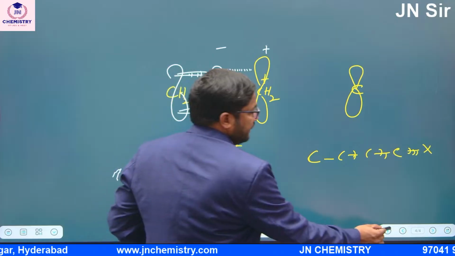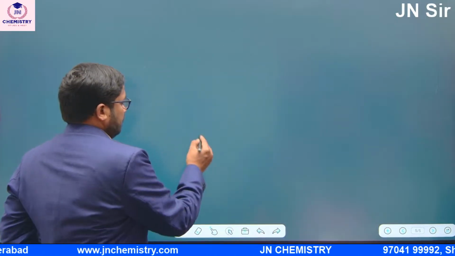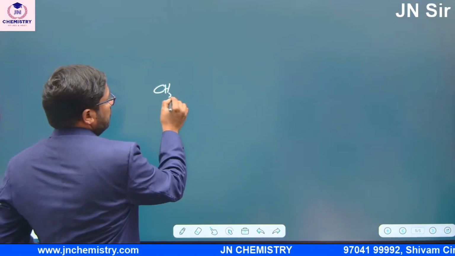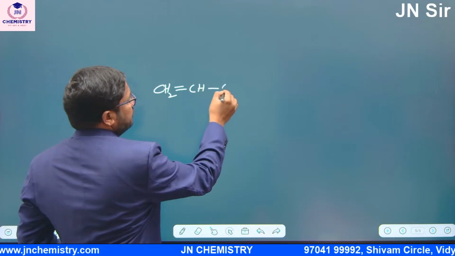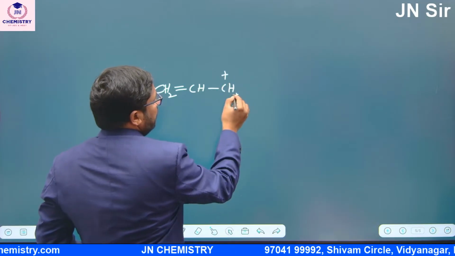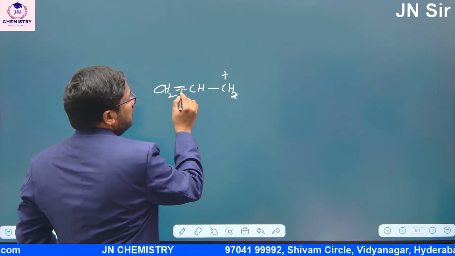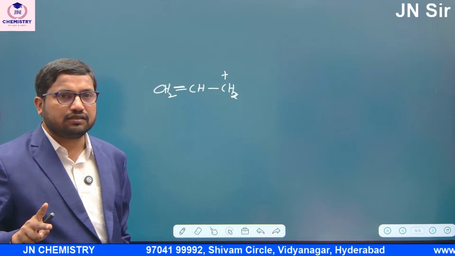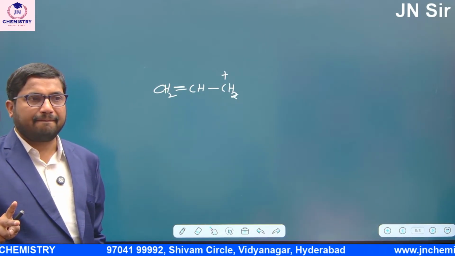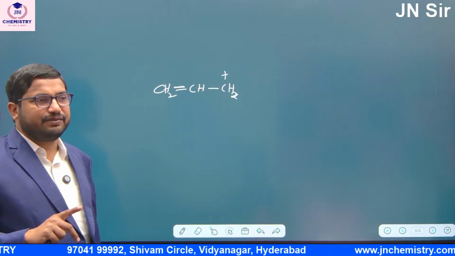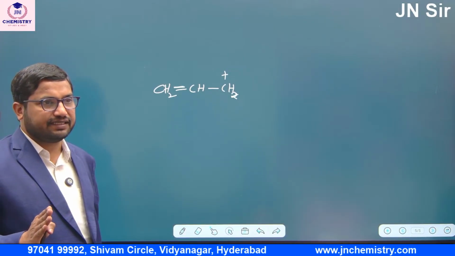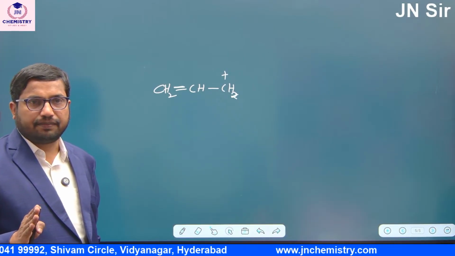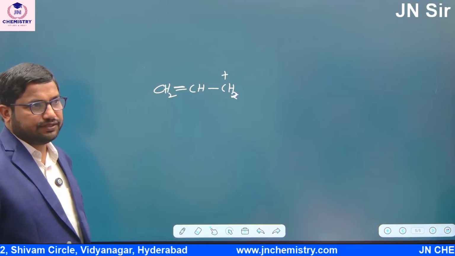So particularly, CH2 double bond CH, when CH2 plus, sigma bond and pi bond, which is weak and which is strong? Which bond breaks? The pi bond, because sigma is strong, pi bond is weak.